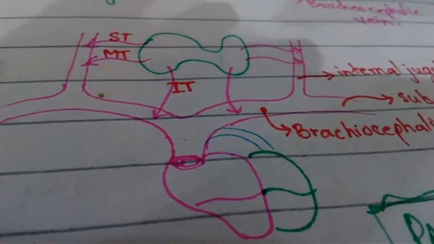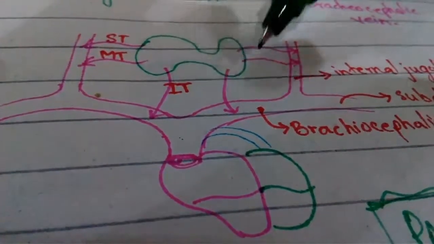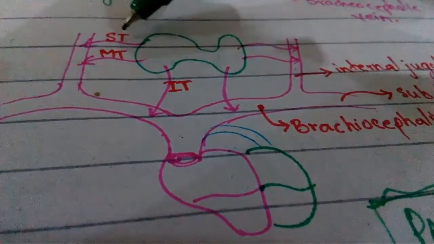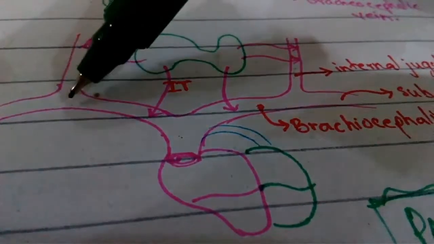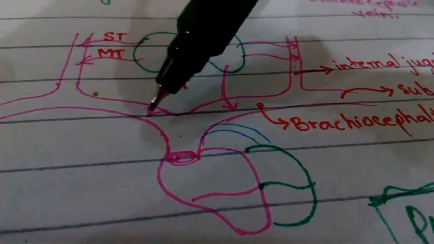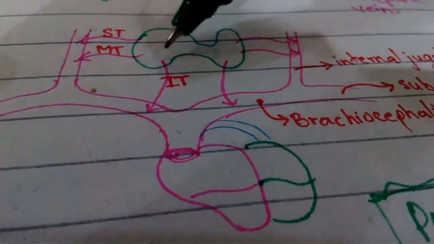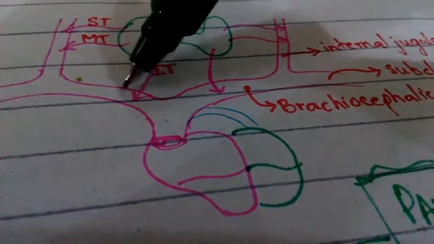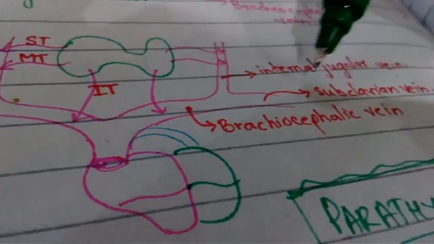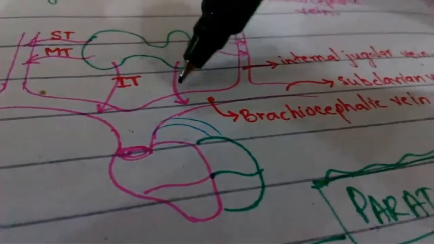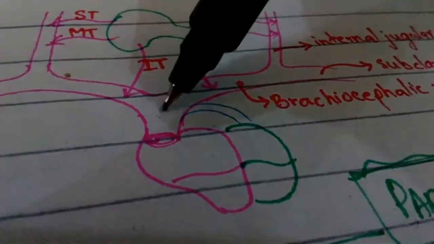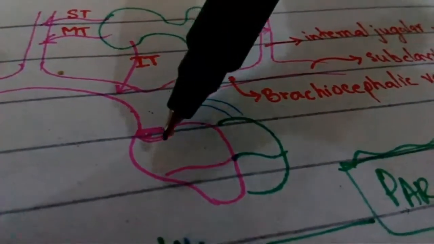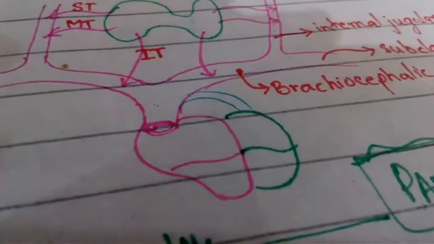As you can see here, it is a really rough diagram, but the thyroid gland, the superior part, the superior thyroid vein and the middle thyroid vein go into the internal jugular vein, and they come into the brachiocephalic vein, and the inferior thyroid vein also comes into the brachiocephalic vein. This is the internal jugular vein, and this is the subclavian vein, and then the brachiocephalic veins of both sides join to form the superior vena cava, which drains into the heart.